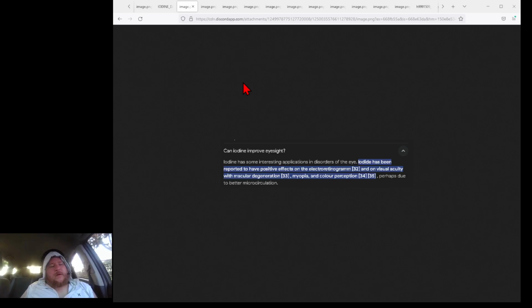So yeah, this was the other thing I did. I started taking iodine, and I didn't have a detox effect. I did see a video out there while I was researching about somebody who had a pretty profound detox effect. I didn't experience that, but I did experience improved eyesight, and that is wonderful.